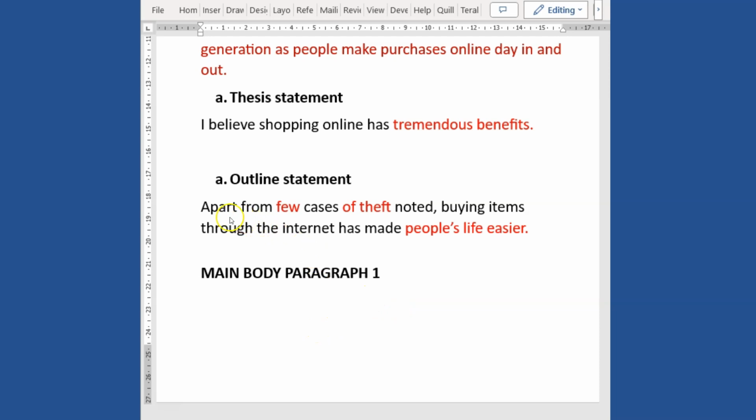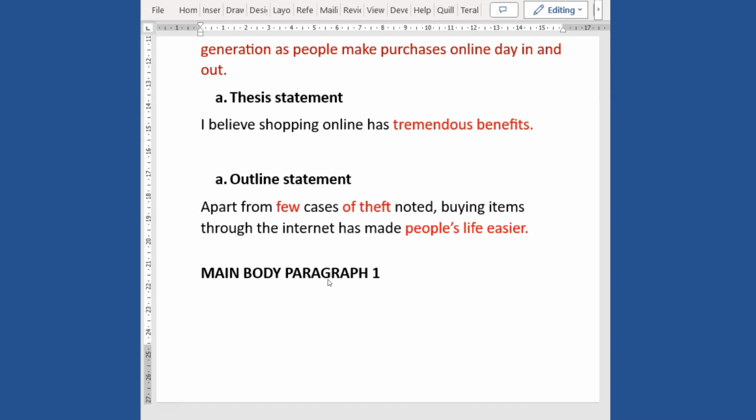As you can see in the outline statement, I started with the one that I don't agree with, apart from few cases of theft. Since I'm going to deal with theft, that will be the same idea I'm going to share in body paragraph 1.